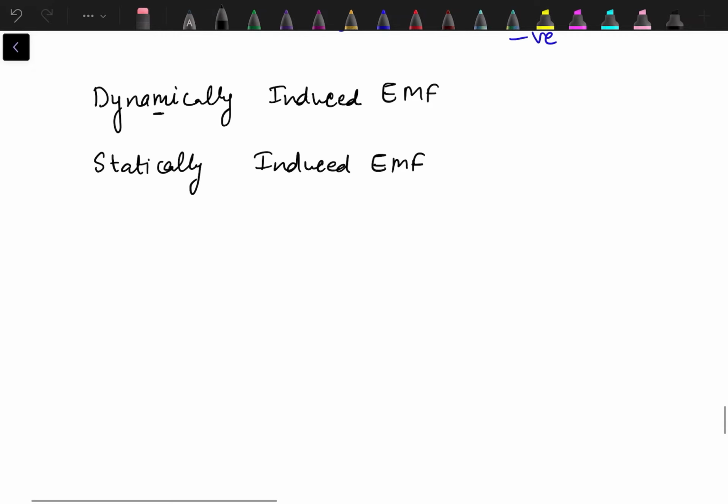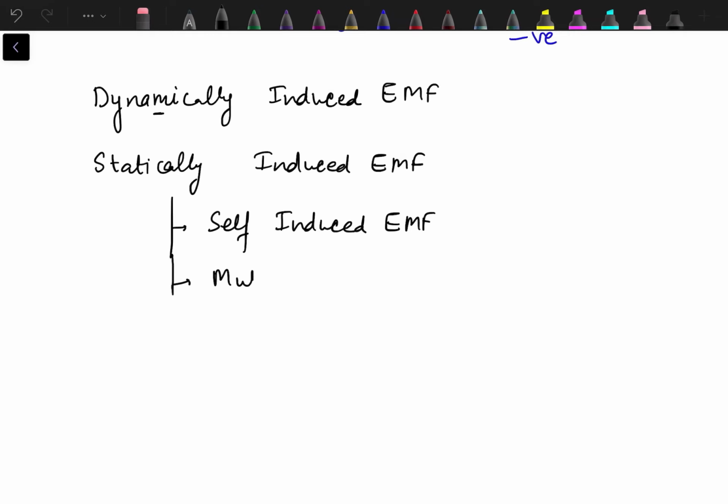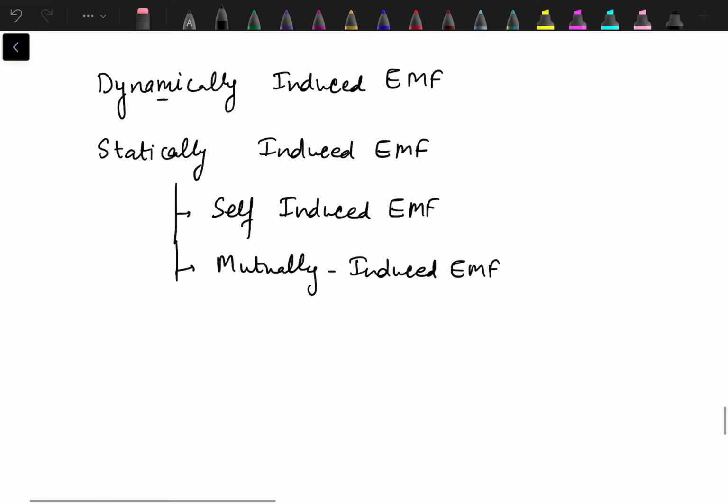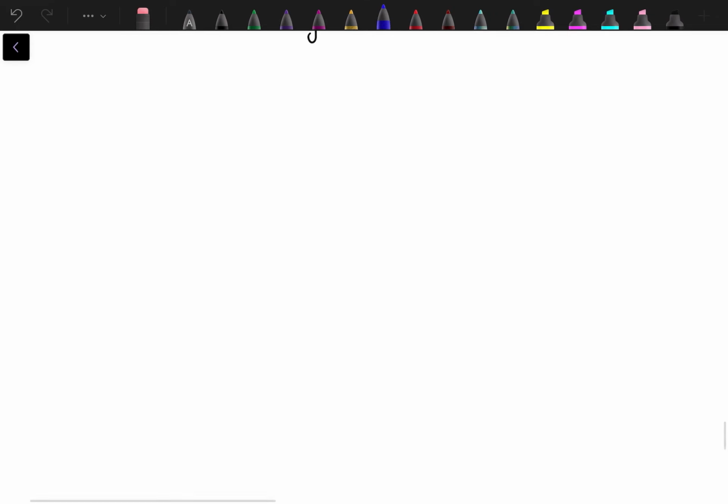So this statically induced EMF is of two types: self-induced EMF and mutually induced EMF. From self-induced EMF, we will have the concept of self-inductance, and from mutually induced EMF, we will have the concept of mutual inductance. Now, taking them one by one, we need to understand the self-inductance and mutual inductance.